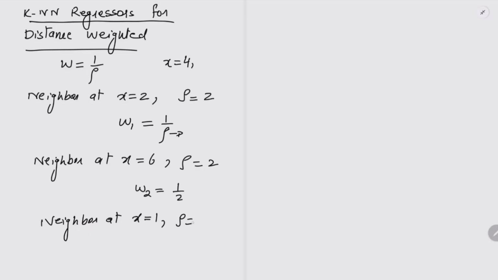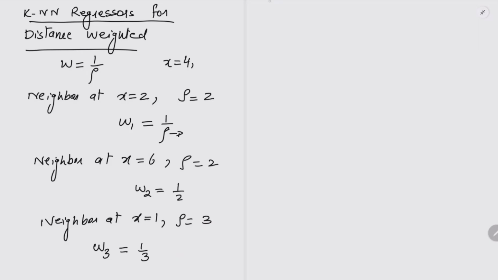For rho: 6 minus 4 is 2, then 4 minus 2 is 2, then 4 minus 1 is 3. So this is the neighbor at x equal to 1, rho is 3, and W3 is 1 over 3.